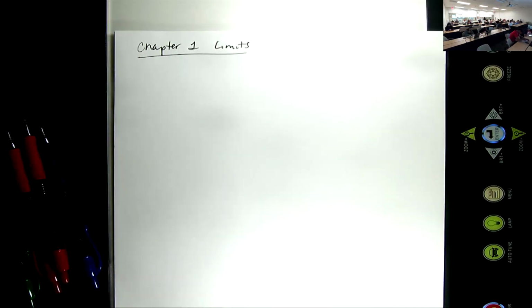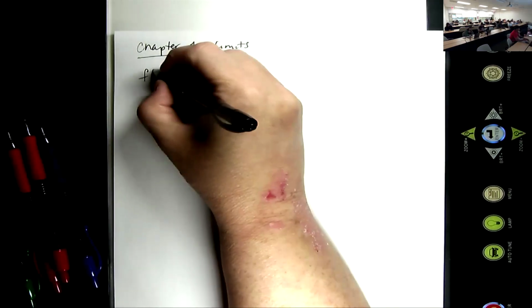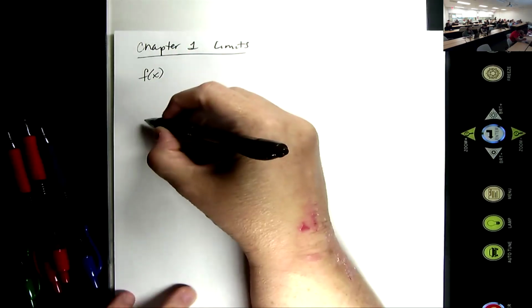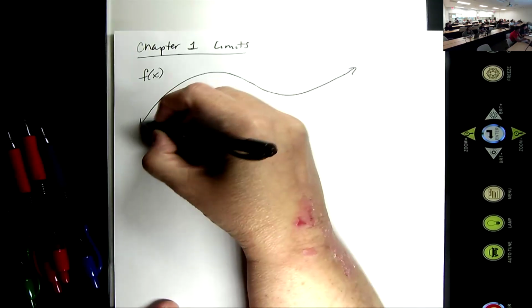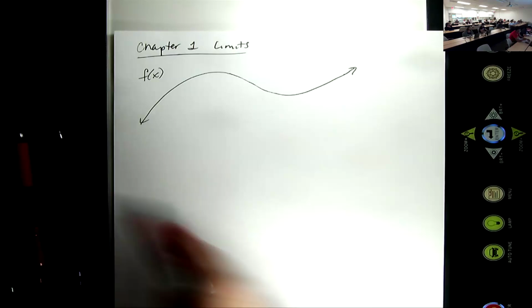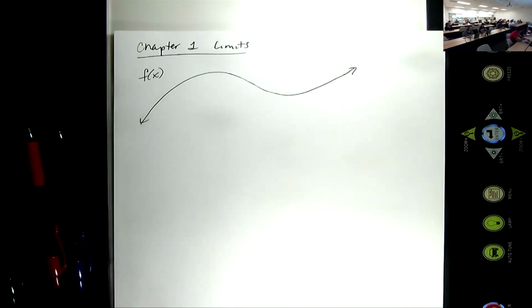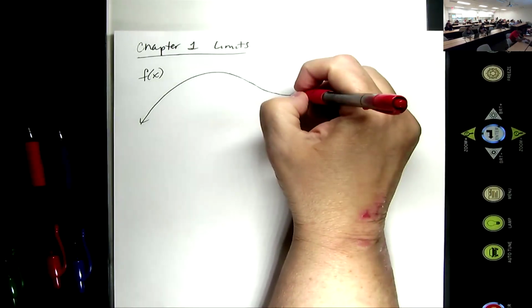So let's say we have some function f of x. I don't know what it is, but it looks something like this. That's f of x. And we've got some point P here.